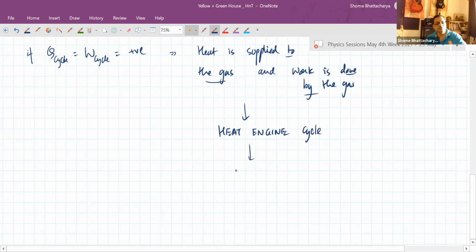So an everyday example of it is the internal combustion engine.